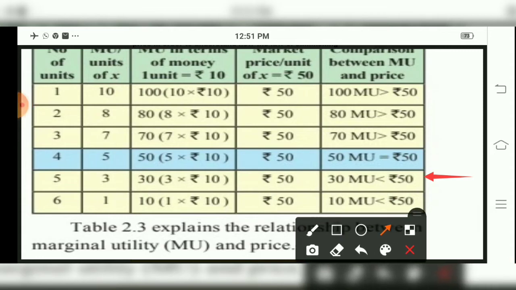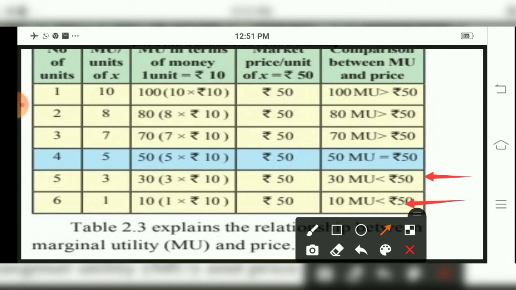For the fifth and sixth unit of commodity, 30 MU is less than rupees 50, means your price is greater than MU. And for the sixth unit also, the price is greater than MU. So this is called as extra marginal utility, children.